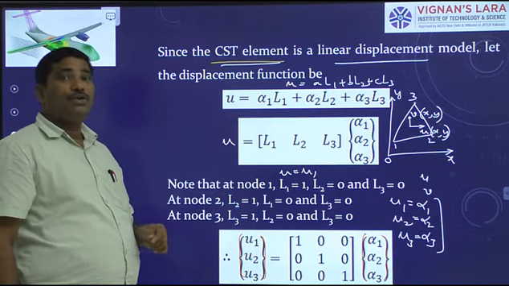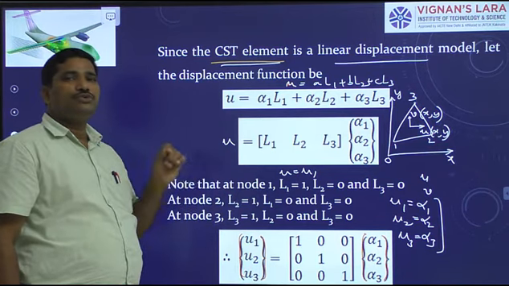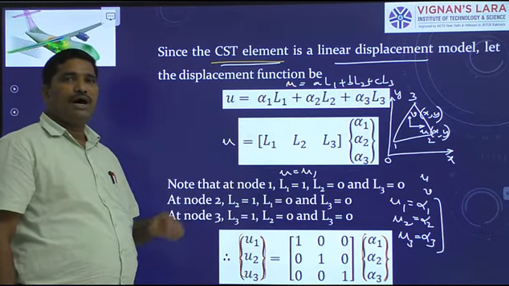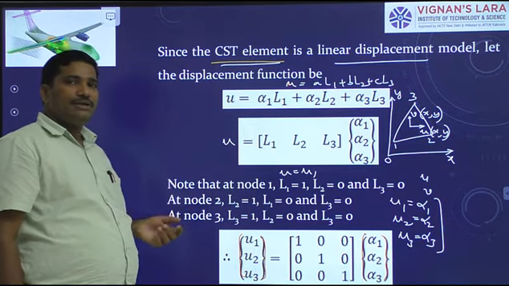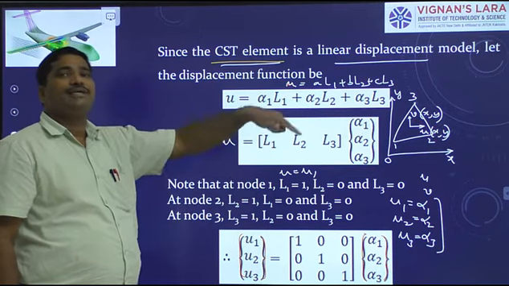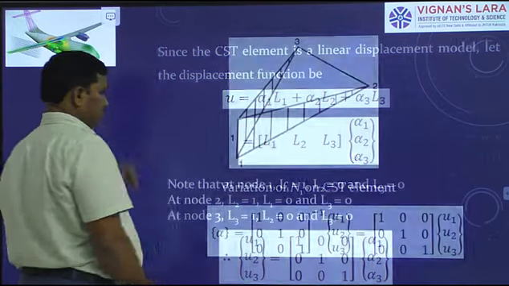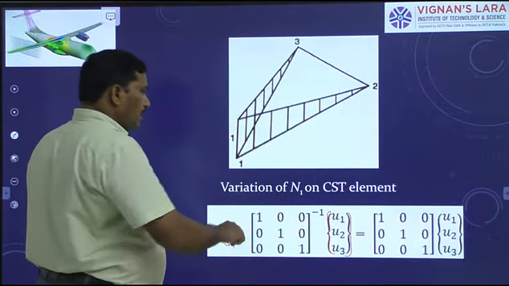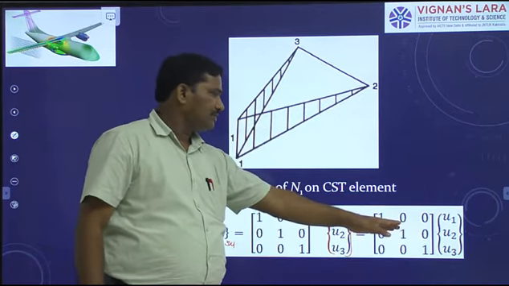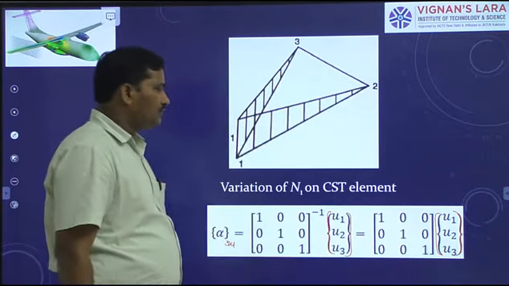They are the nodal displacements of nodes 1, 2 and 3 in the direction of x-axis. Or you can define, they are the displacements of the nodes 1, 2 and 3 respectively in the direction of x-axis. They are the nodal displacements. Now, the inverse of this matrix, you get again the same, times a column matrix having the elements u1, u2, u3.